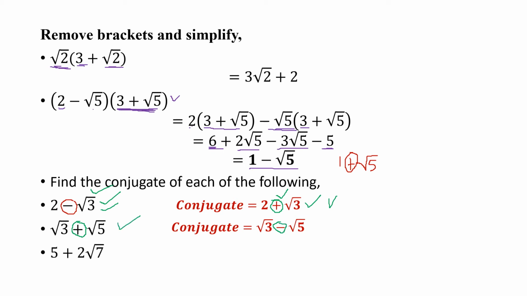The next example is 5 plus 2 root 7. Don't worry about this 2, just change this sign only. 5 minus 2 root 7 is the conjugate.